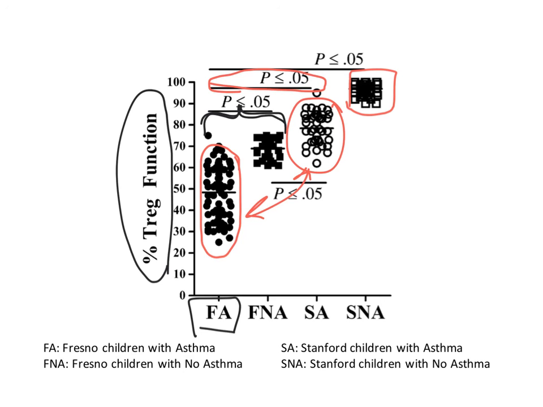So this difference, Fresno asthma versus no asthma, and Stanford asthma versus no asthma, there's always an increase wherever you live if you don't have asthma. If you've got asthma, I could pull some of your cells and I would find out that your T regulatory cells don't work as well. That's what these data suggest. Within one geographical region, if you've got asthma, your Treg cells don't work as well.